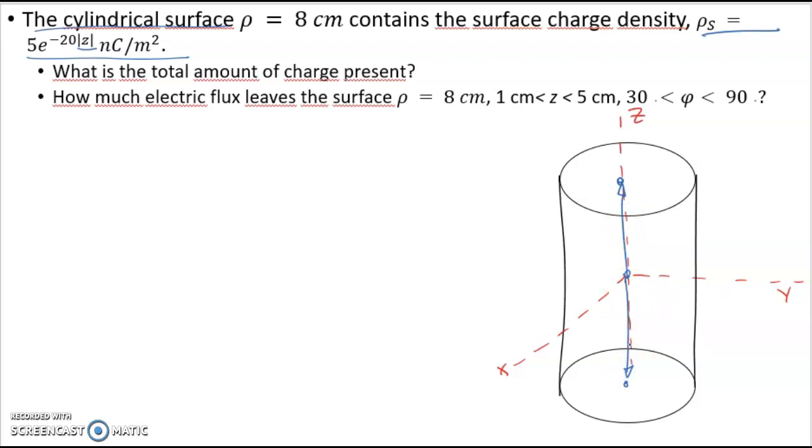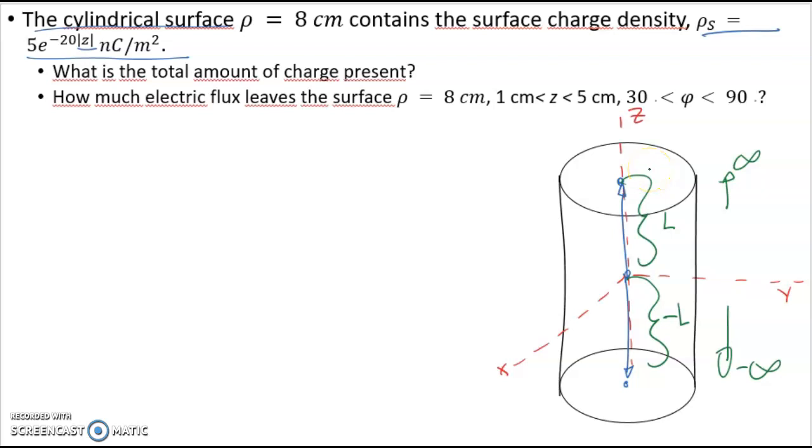It has a total length that we don't know. That means we can say that it goes up a certain length and it goes down minus a certain length. It could go to minus infinity going down and plus infinity going up. We're not sure. We only know that it's located like that.